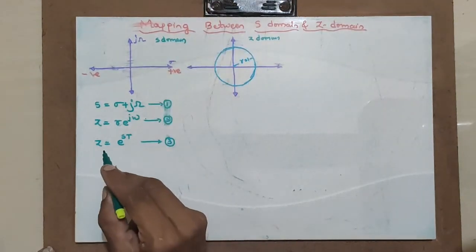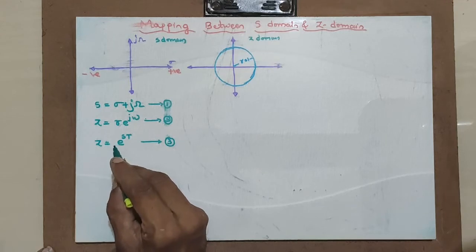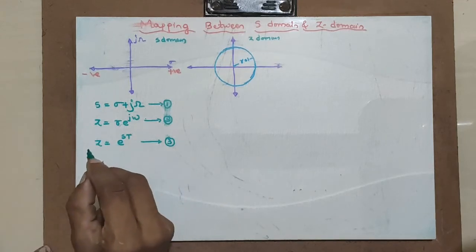What is the defining equation in case of impulse invariant transformation? Z is equal to e raised to sT, isn't it? Now let us put these values.